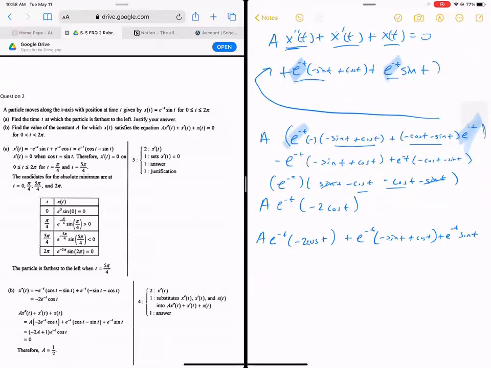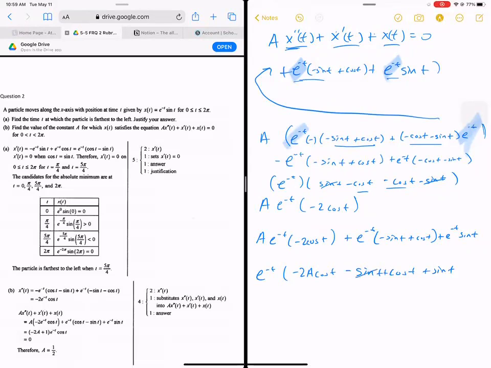If we factor out the e to the negative t, what else could we do? We're left with negative 2a cosine of t, minus sine of t, cosine of t plus sine of t.